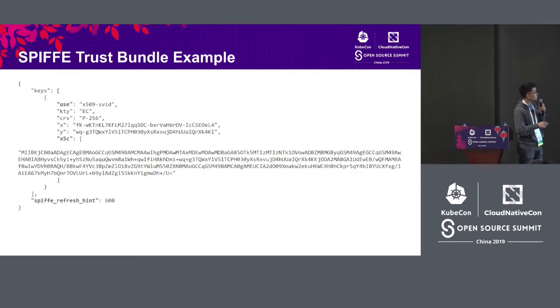So in that case, you won't have the X5C, you will use this one to obtain the public key. We put it here because this is a mandatory field for the JWKS standard.